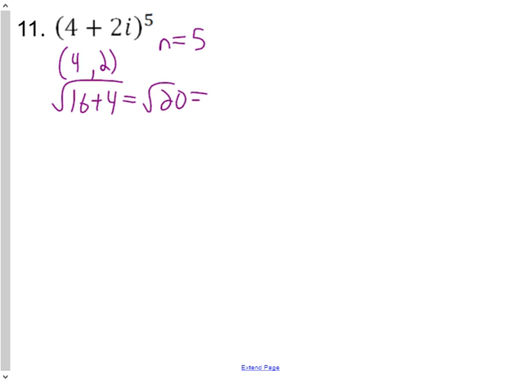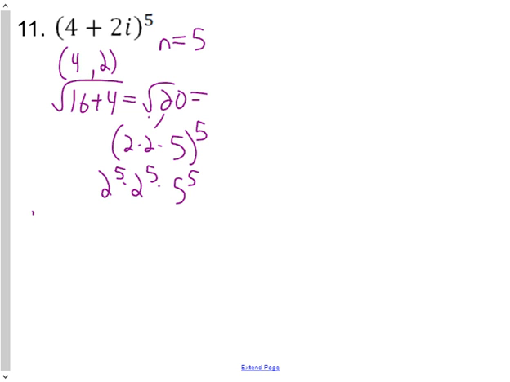So let's think about it. What's square root of 20 to the 5th? Okay, well, writing it out in its terms will help us. We've got 4 times 5, so 2 times 2 times 5, and we're going to have 5 sets of these, right? So what are we going to have? We're going to have 5 2s, another 5 2s, 5 5s. Okay, so what's coming out, what's not?